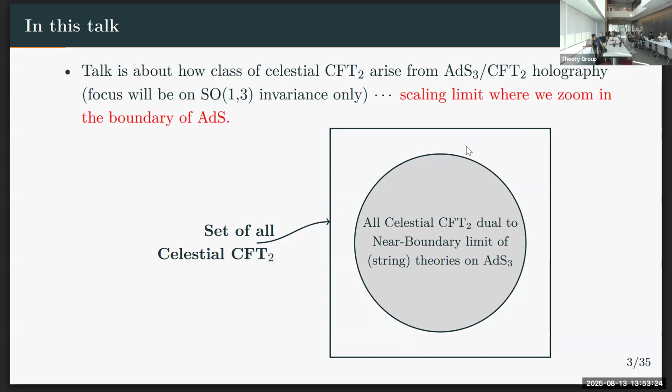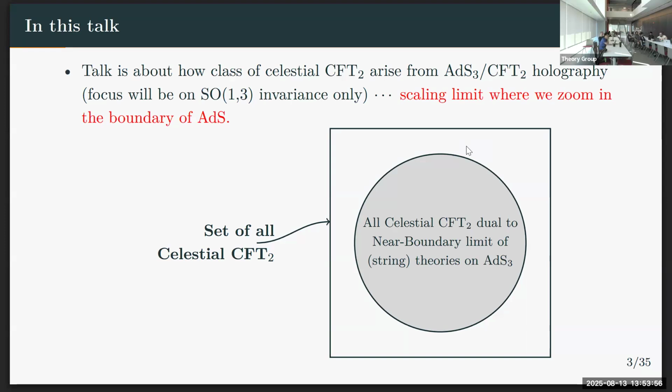I will be focusing only on SO(1,3) invariance because my string theory has only SO(1,3) invariance in the target space. But the technology can also extend to any theory with SO(2,3) invariance, the full conformal group of Euclidean AdS3 CFT. So I will start by mentioning that, and then I will go to SO(1,3) invariance only.